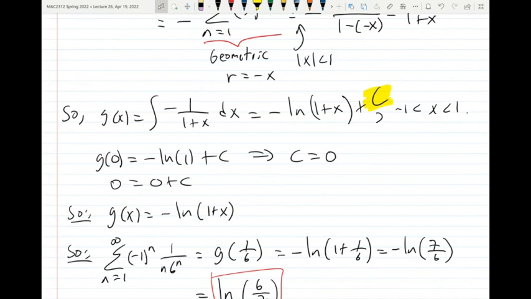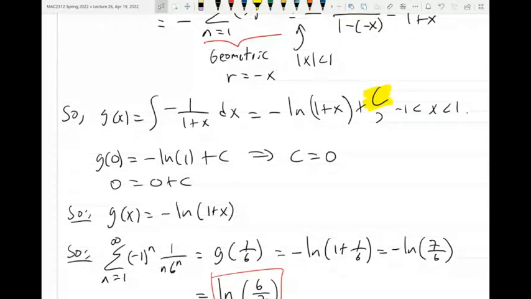On the left side where we have g of 0, we plug 0 in. So g of x equals this, right? If I put x equals 0 here, you have to put a 0 here. So you get this line. Which would give us c equals 0 plus c? No, so g of 0 equals 0.